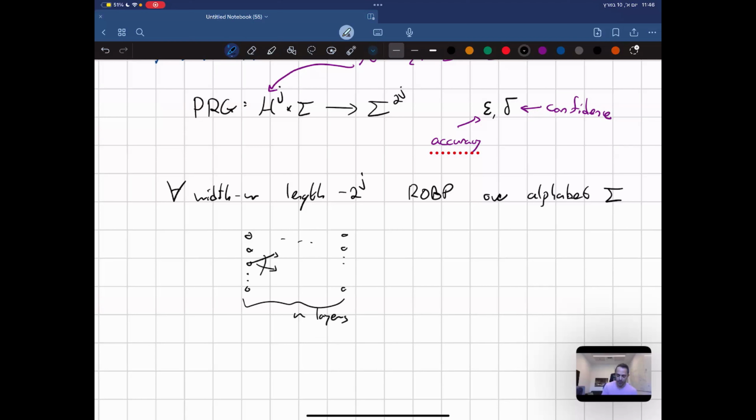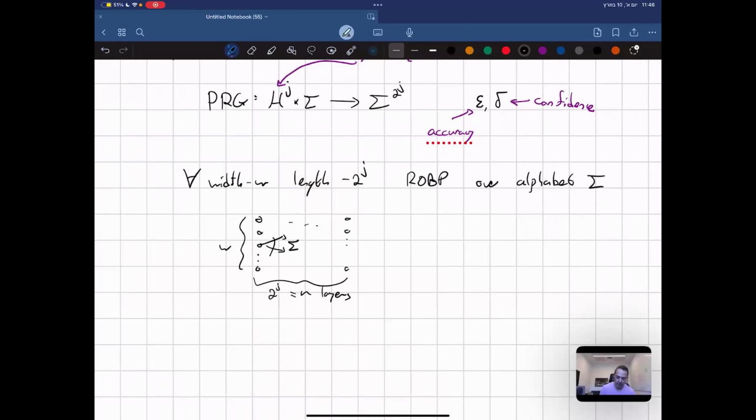The set of edges going out of every state is labeled by exactly sigma. Sorry, I'm confusing N with 2 to the J. N is going to be 2 to the J at the end, but the way you construct this is using recursion, so I'm keeping J alive. At the end of the day, J is going to be log N.